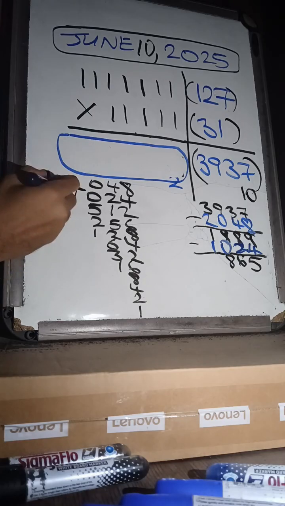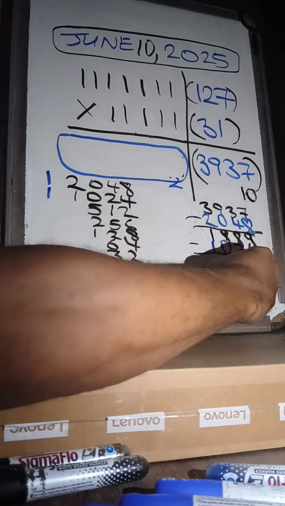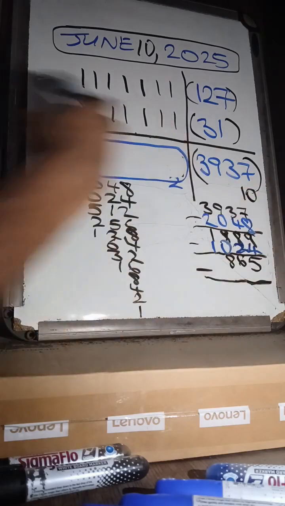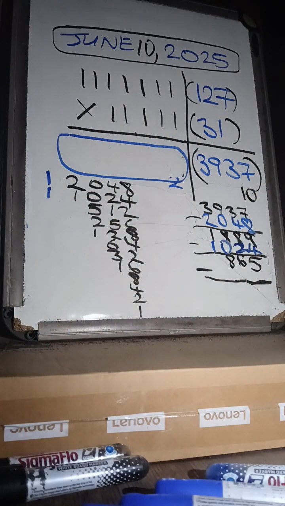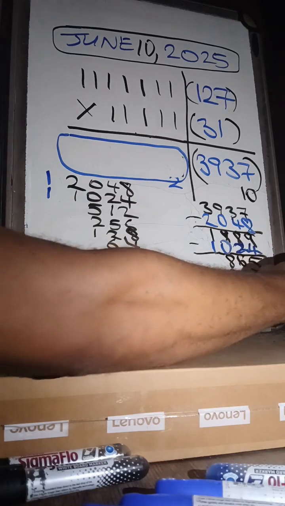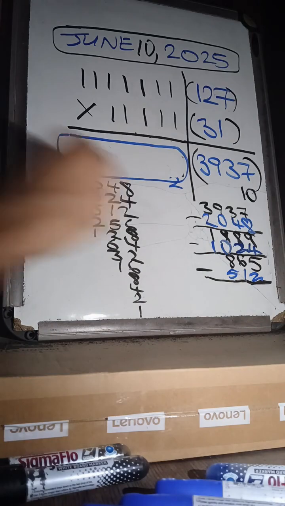Let's make sure that, let's see now. We take away 512. See what happens when we subtract 512 from this. That leaves us with 353.